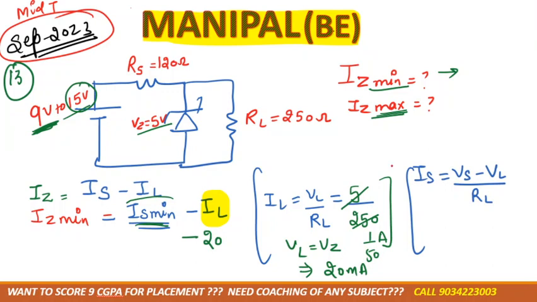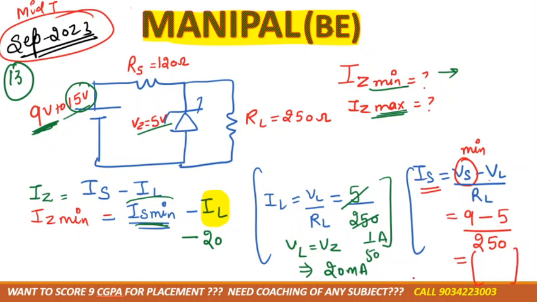As I told you, in this case, if we take IS as a minimum, we take VS as a minimum. So VS minimum is 9, minus VL is 5, divided by the resistance. Correct? Any doubt up to here?